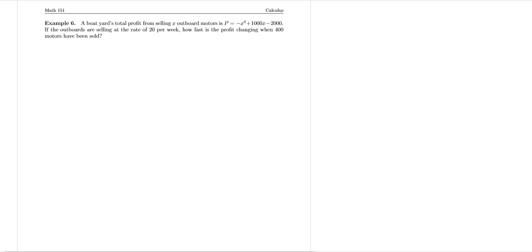Okay, as you can see, this problem doesn't require us to use a diagram, so let's just jump straight into identifying the rates. What are the rates that we see in this problem? We have that the outboards are selling at a rate of 20 per week.